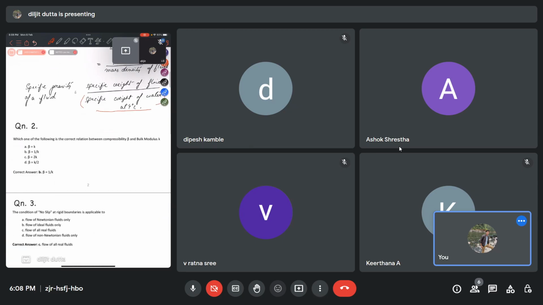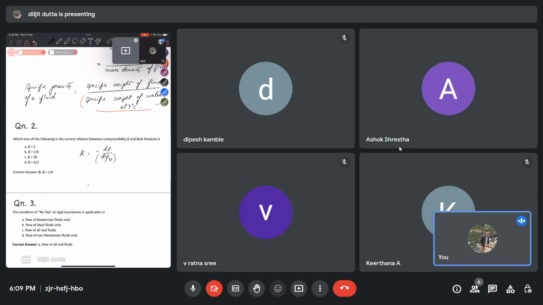The second question is also a very basic question based on definition only. This question is based on what is compressibility beta and bulk modulus K. So you know what is bulk modulus K. The bulk modulus is given by minus dP by dV by V. So it is the change in pressure divided by the change in volume with respect to initial volume.